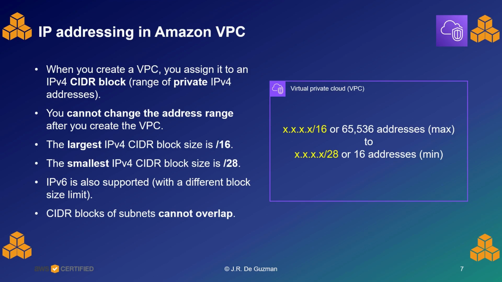This structure enables the definition of multiple subnets. If you create more than one subnet in a VPC, the CIDR blocks of the subnets cannot overlap. So be careful when entering the CIDR block of a subnet.